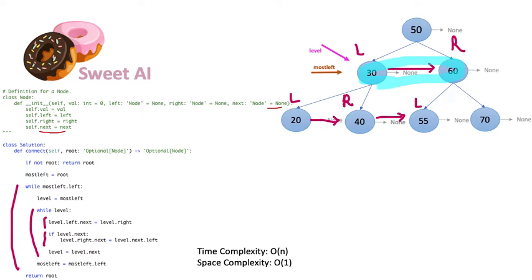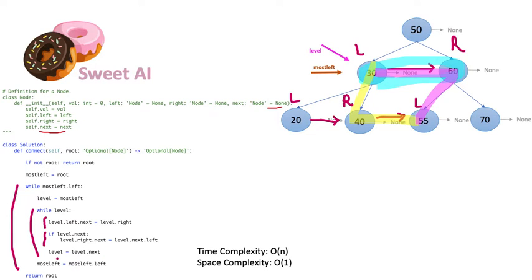So for better understanding this, I'm going to change the color. So you see level.right.next is going to point to level.next.left. This is how it works for the connection between children of two different nodes.